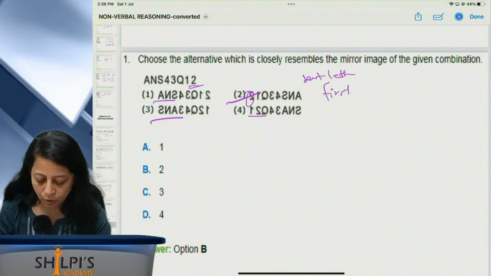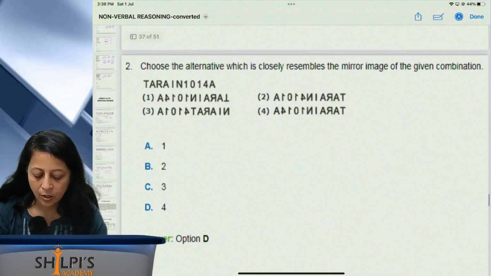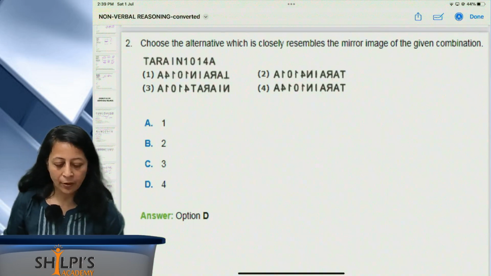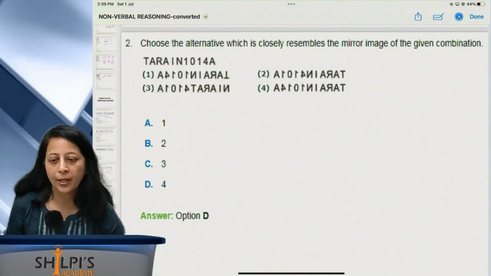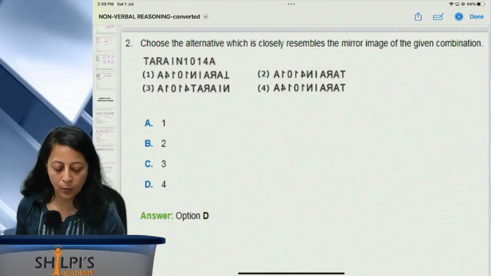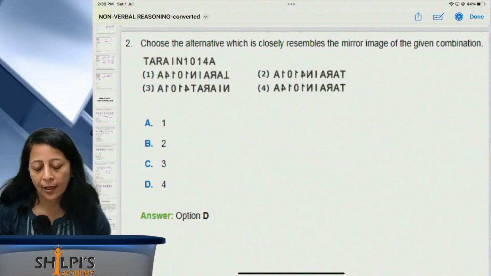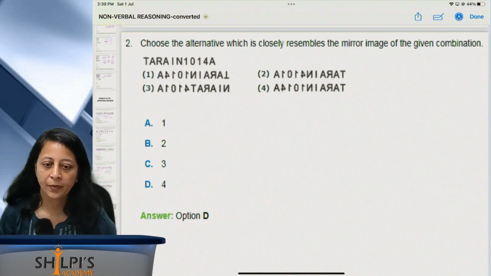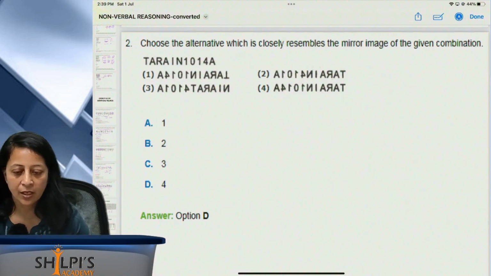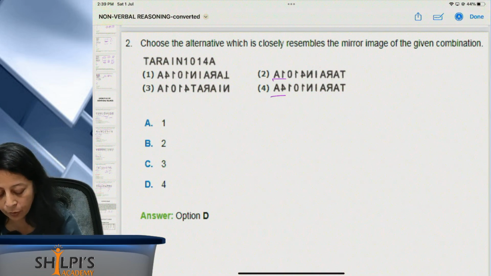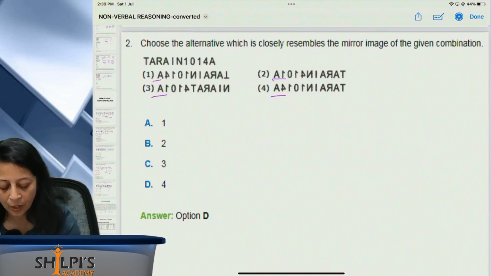Now let's move to the next question, students. Choose the alternative which closely resembles the mirror image of the given combination. Something like Tara IN1014A. Let's again interchange this. We have to get A first. Now this trick doesn't work here because all 4 options have A. What is the next one?